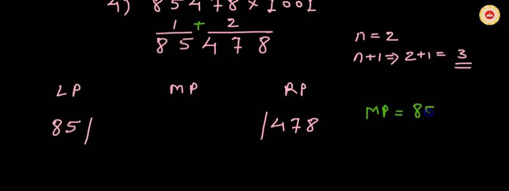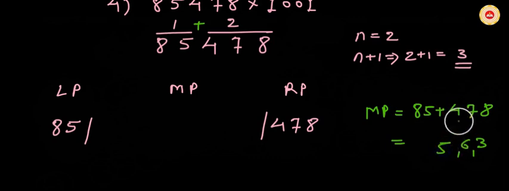So 85 plus 478 is equal to how much? 5 plus 8, 13, write 3, carry 1. 8 plus 7, 15 plus 1, 16, carry 1. 4 as it is, 4 plus 1, 5. So 478 plus 85 is 563. So middle part is 563. So write 563 as it is in the middle part.